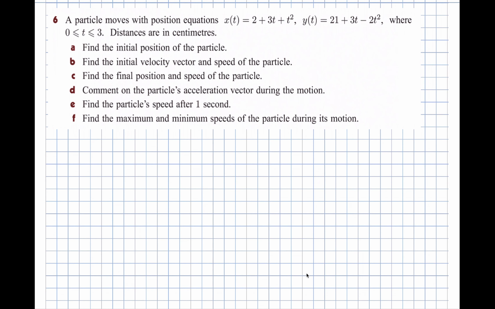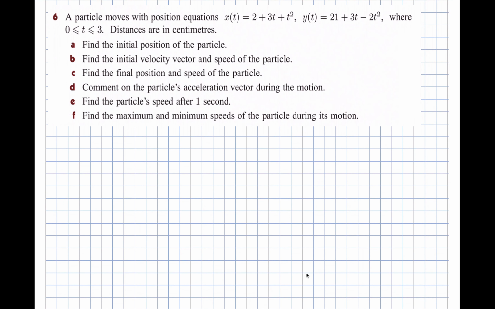So what I want to do is go through this example, and then give you some time just to have a go at these. I think you'll probably find these not too challenging, considering you all do physics. So we've got 2 equations. This time, if you look at them, you can see that the x and the y are both quadratics.